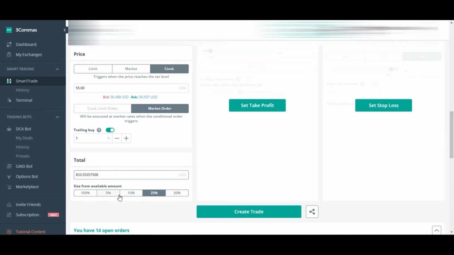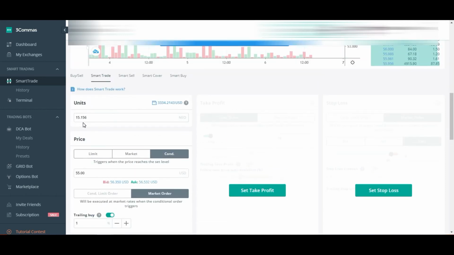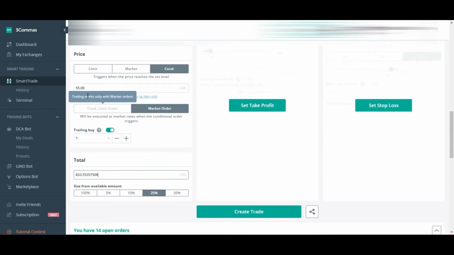So if I had $4,000 and I wanted to use 25%, you get the idea. In this case, I am going to use 25% of my total cash on hand to make this sale. All right. And that would give me a total of 15.156 NEO for this price with this triggering limit. And it could fluctuate because I did set it as a market order.